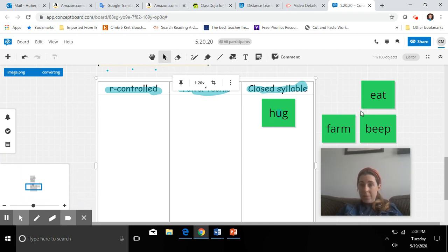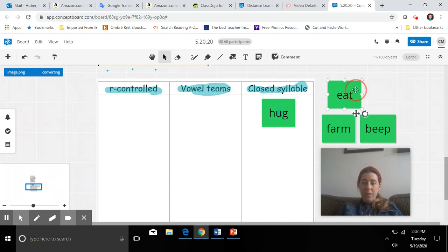Let's try another one. Let's look at this word. Is it R-controlled? It cannot be because there's no letter R. Does it have a vowel team? Two vowels together. Let's see.